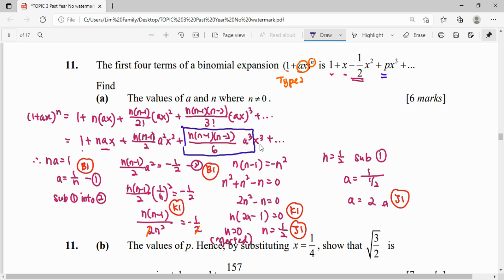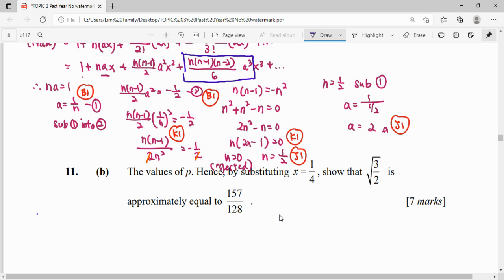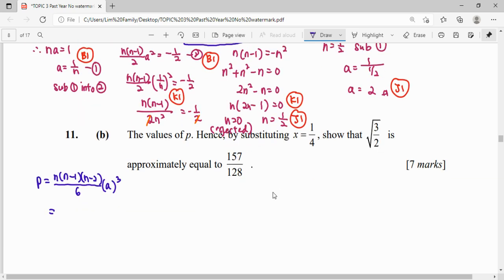So p is equal to n(n minus 1)(n minus 2) over 6 times a cubed. We will substitute our values, where n is 1 over 2 and a is 2. From here we can get our p value, which is 1 over 2.